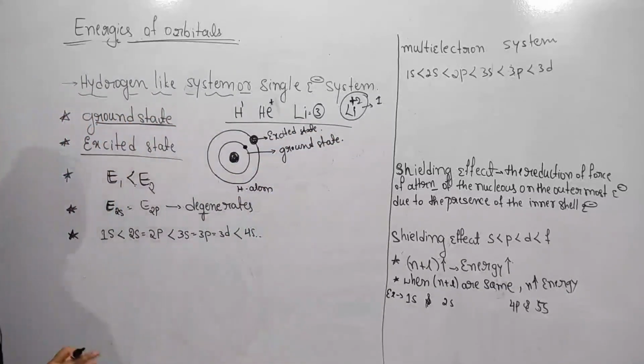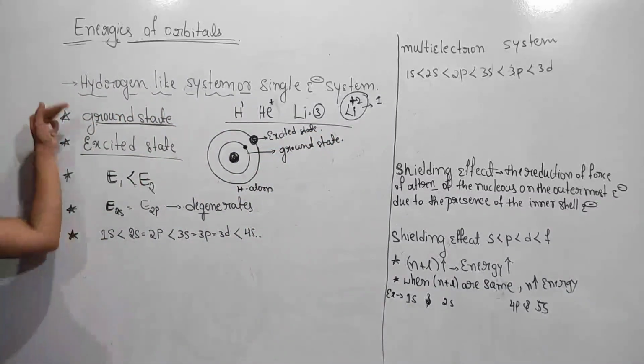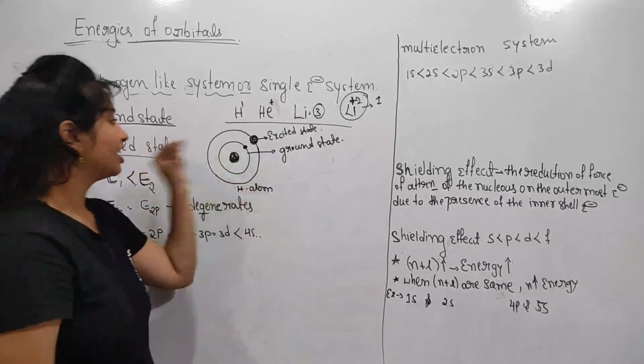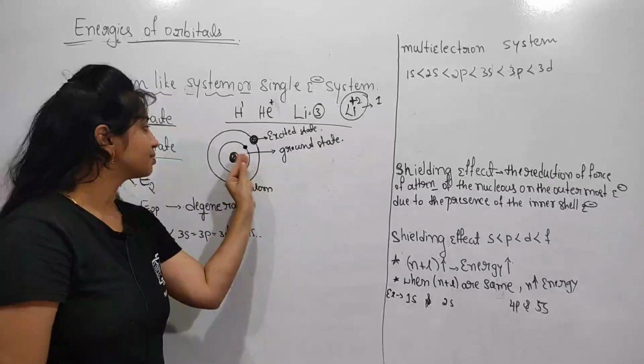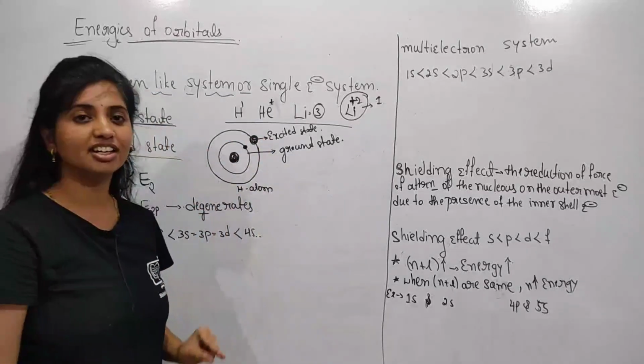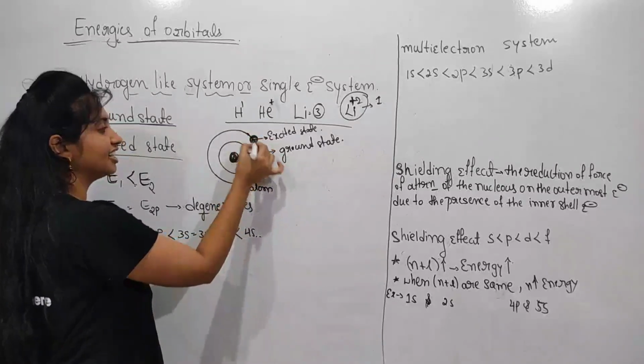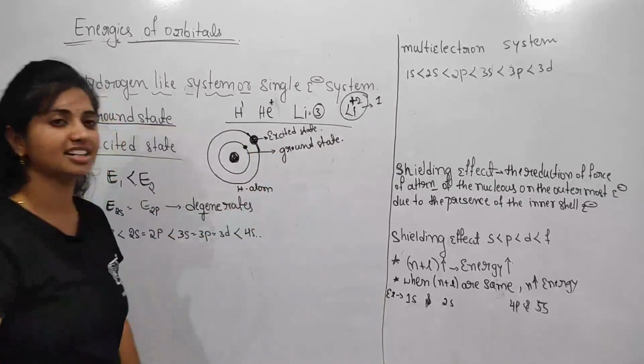I hope you are clear about these two points, ground state and excited state. When the electron absorbs energy, it jumps from a lower energy state to a higher energy level. This is called an excited state.